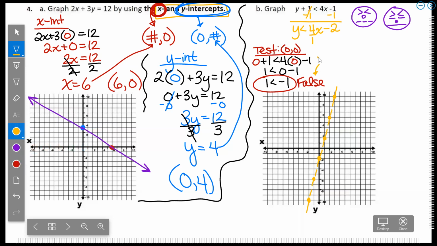So this tells me do not shade where 0, 0 is. Well, which side is that, top or bottom? Shade or do not shade this side? Don't shade. So this side, shade or do not shade? Shade.